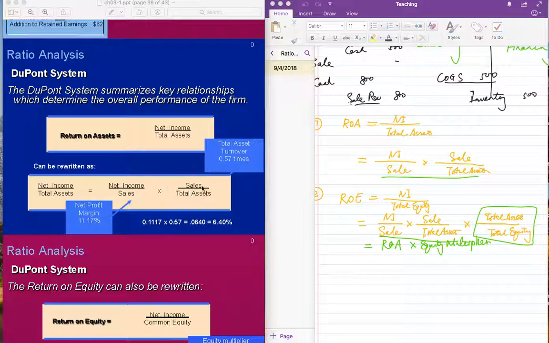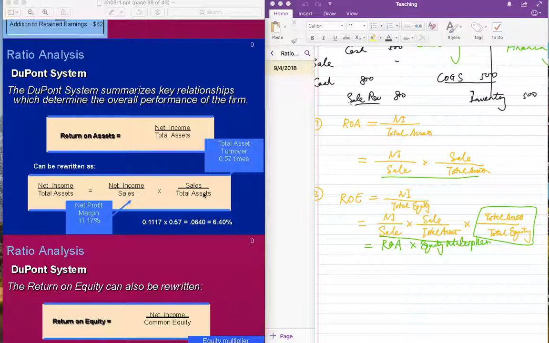So both of these 2 categories will have an effect on return on assets. So if your firm wanted to increase return on assets, you have to work on both: the profit margin and also the effectiveness of generating sales.